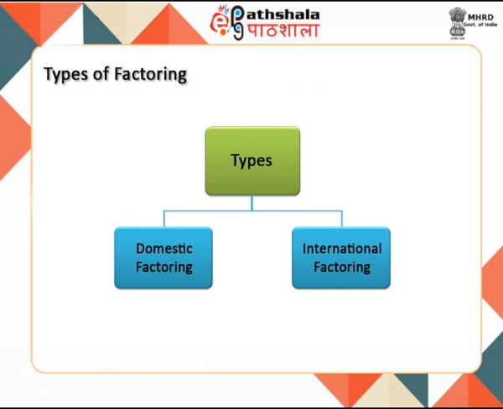In this type, the client is the exporter, the customer is the importer, and the factor may be an export factor, that is, a factor from the exporter's country, or an import factor, that is, a factor from the importer's country. Now we shall discuss the various forms of domestic and international factoring one by one.